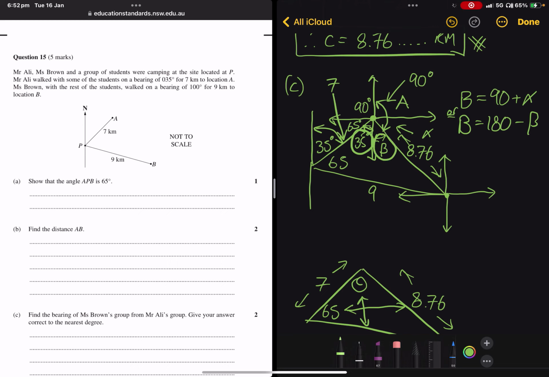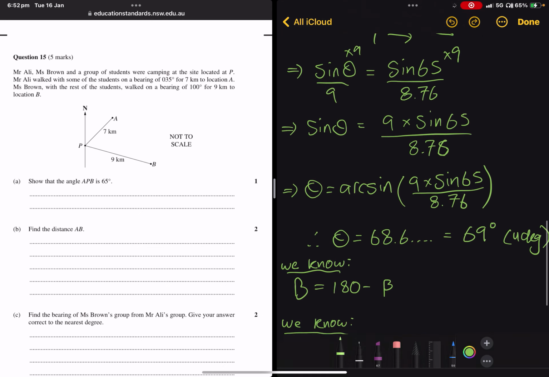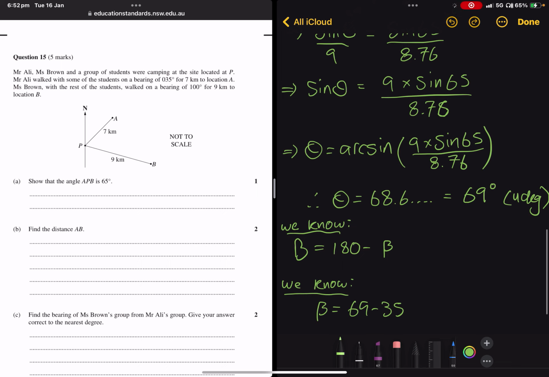The sum of these two is this total angle, which we just calculated as 65. This is 69, sorry, when rounded to the nearest degree. So this means beta is 34. Given that beta is 34, the bearing is going to be 180 minus 34, which is 146 degrees, and this is also to the nearest degree. And this is the answer.